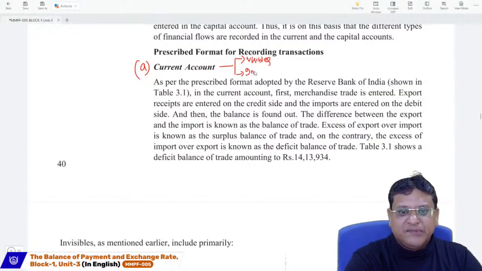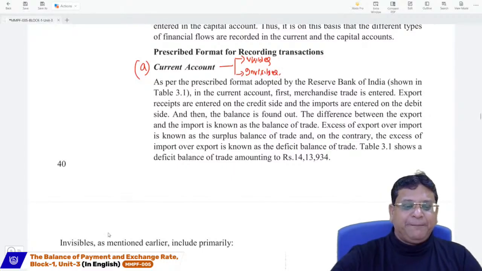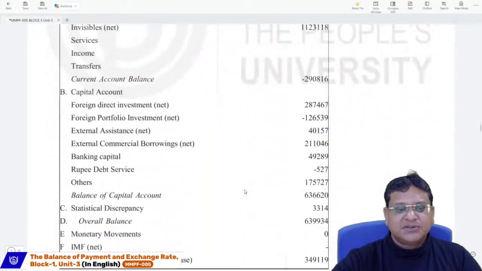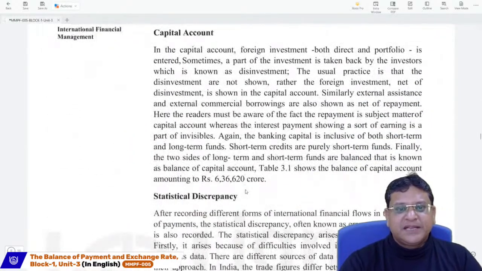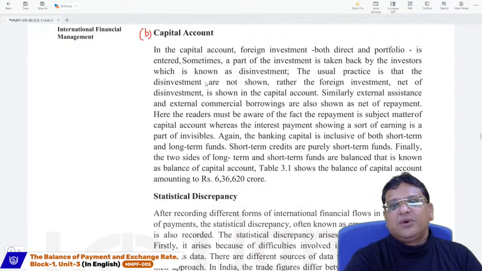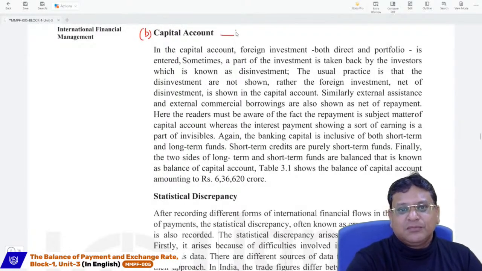Clear? Next one is capital account transactions. What are capital account transactions? We have already discussed capital account transactions. In case of capital account transactions, what do we record? We record four things. Yeah, we can classify it into four parts. One is foreign investment. Next one is external assistance.